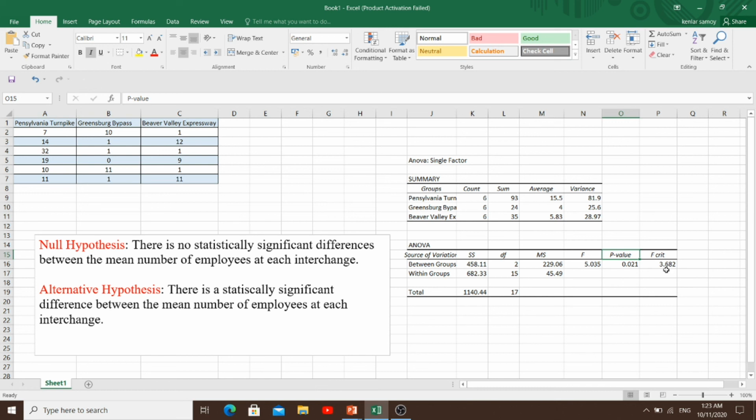Since the F test value is greater than the critical value and the P value is less than the alpha level of significance, we need to reject the null hypothesis.